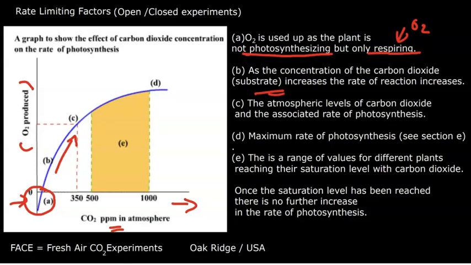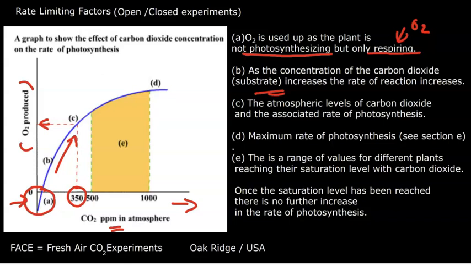As we increase the carbon dioxide in our experiment, we pass the levels which are characteristic of the atmosphere, and yet we can go further. So that would correspond to the dotted line here, and that will give us an approximation of the rate of photosynthesis at current carbon dioxide levels in the atmosphere.